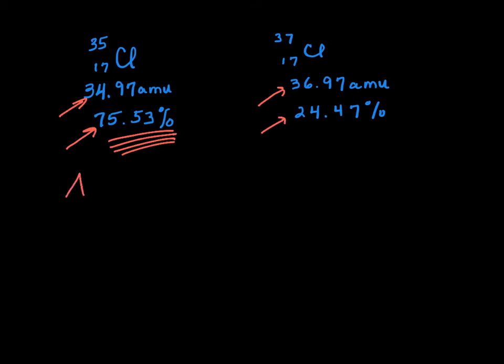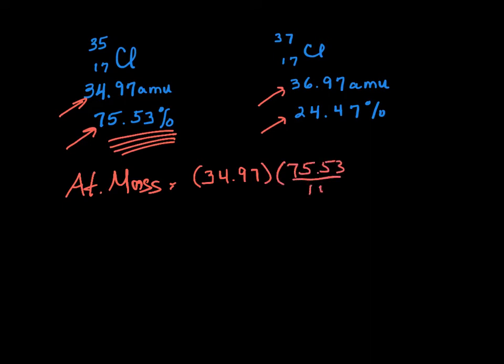So in order to do the atomic mass, we take the mass of the one isotope and multiply it by its percentage over 100. And then we take the mass of the other isotope, multiply by its percentage over 100, and we add that up.